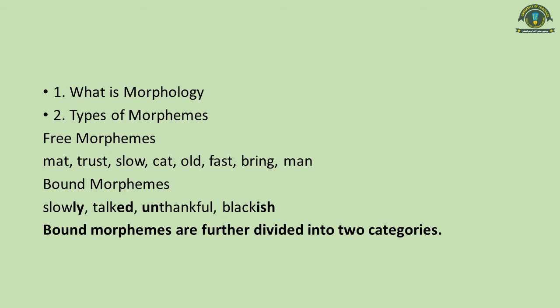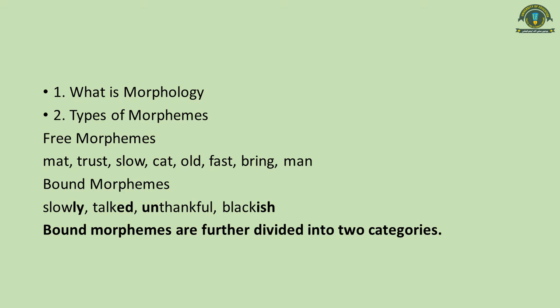So, in this lecture, we will look at these fields in more detail. This lecture covers what is morphology, types of morphemes, what is syntax, and the difference between morphology and syntax.